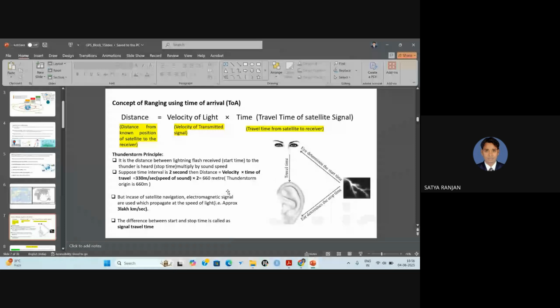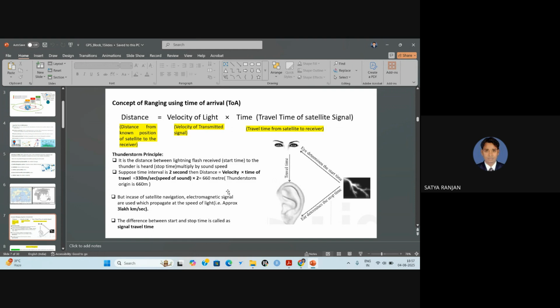We know that the velocity of sound is 330 meter per second, while lightning speed is 3 lakh kilometer per second. So we can calculate the time delay, and this time delay gives us the distance between the initial point of the lightning and the receiver. So this principle is also applied.